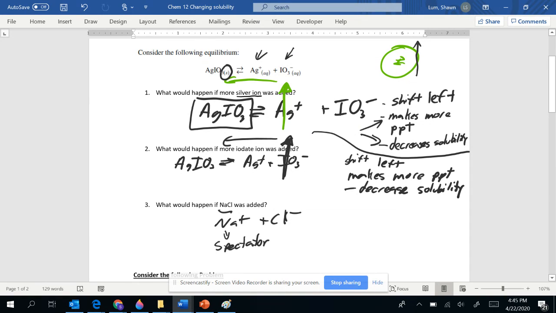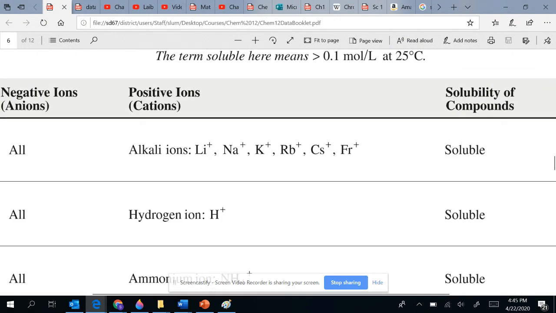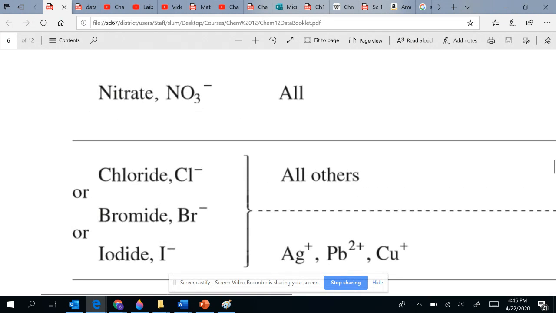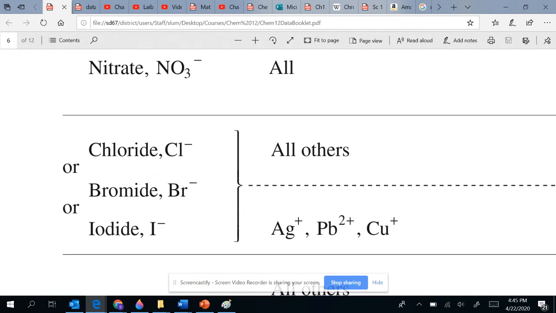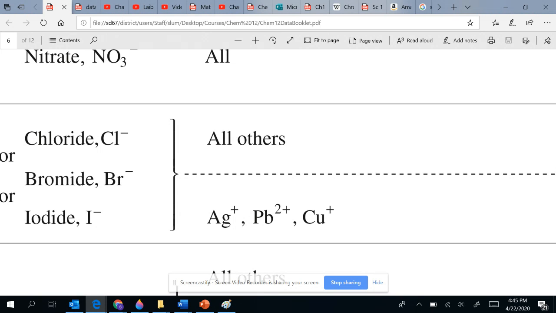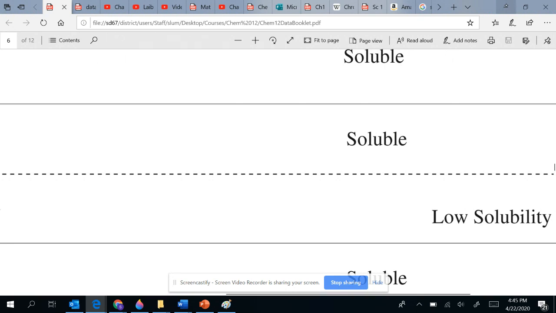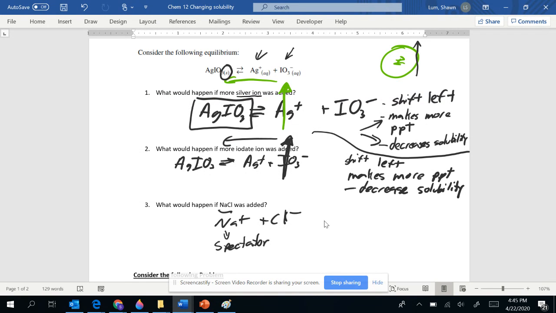So what about Cl? Let's go back to our table and find out where Cl is. So here is Cl way over here. It says Cl is going to be reacting with Ag plus, forming a precipitate. It has low solubility. So we take our formula again: AgIO3 forms Ag plus and IO3 minus.